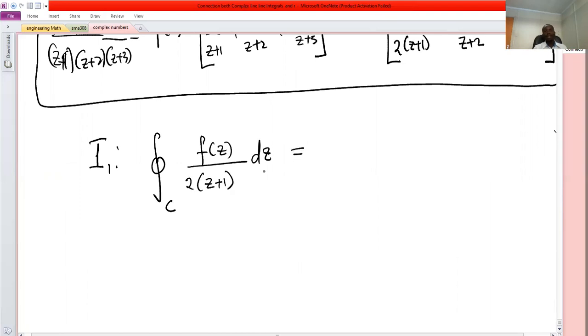You see, this is the same thing as now, if this is a half, I simply have the integral along C. Remember, I have 1 over 2 times f of z, so the half should be factored out.